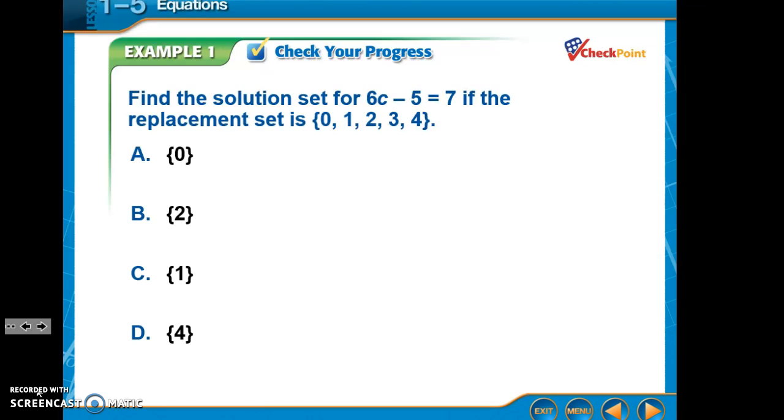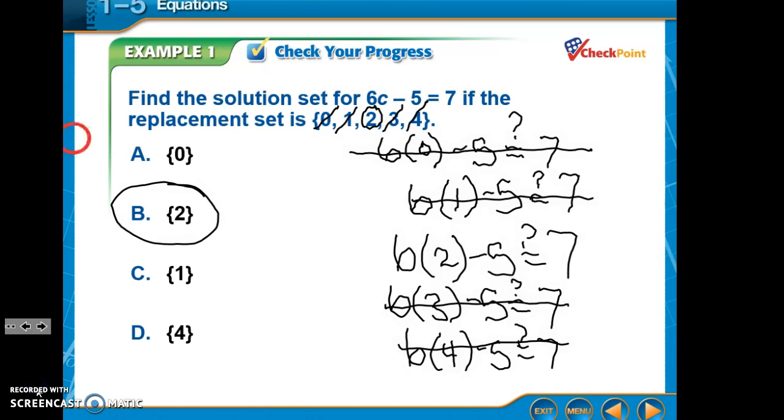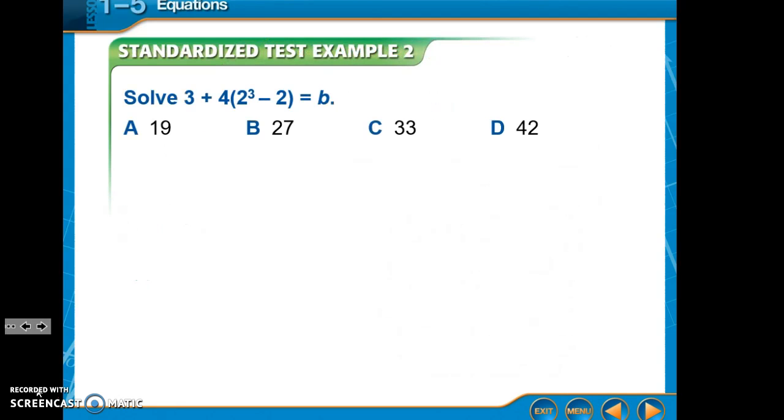Alright, so now you're going to do this one. This would be an example of one that would be on a standardized test. So let's take a moment and solve that one out.